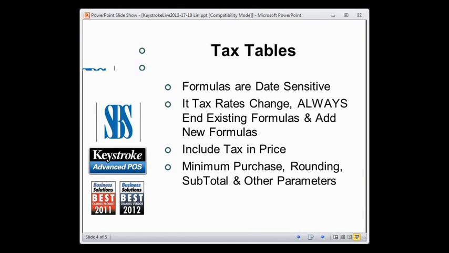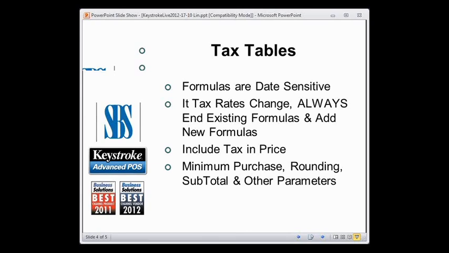The easiest thing is, once you know the tax rates are going to change, you can set them up a week, a month, months in advance, and they will automatically kick in based on these dates. But if your tax rate changes, you never want to just go into Keystroke and change your tax formulas. You always want to end your existing formulas on the appropriate date, say June 30th, something like that, and start the new formulas on July 1st.